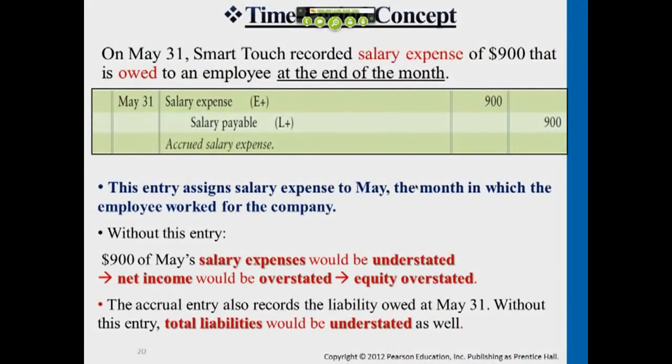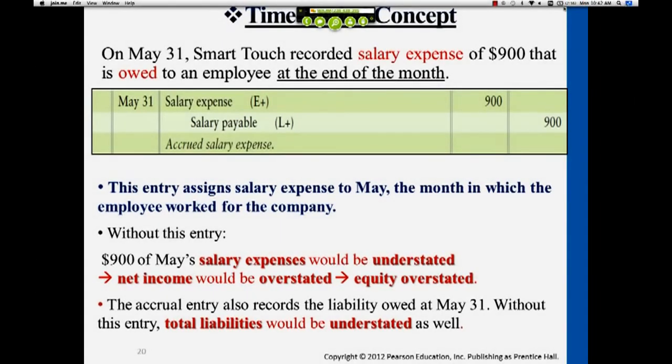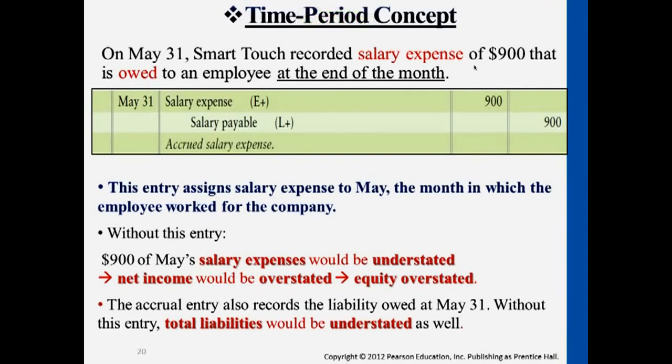Okay, the reason why, again, we're capturing this transaction goes back to the matching principle. If this person has worked for us within a certain period of time, we capture their work. This expense has already been incurred, even though we haven't paid the check. The employee has been working for our corporation for 10 days, for two weeks. Okay, so this $900 is not yet a cash payment, but is considered a liability that the corporation owes to employees.